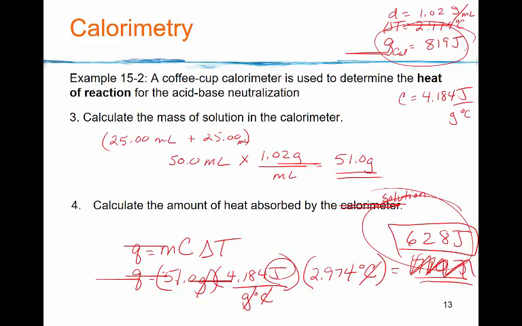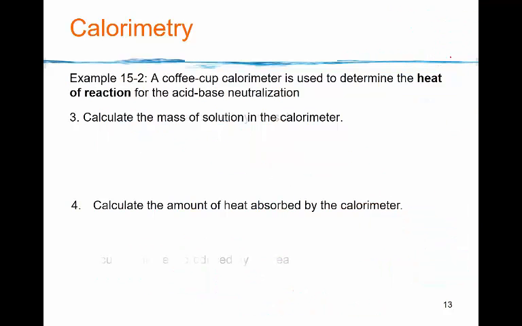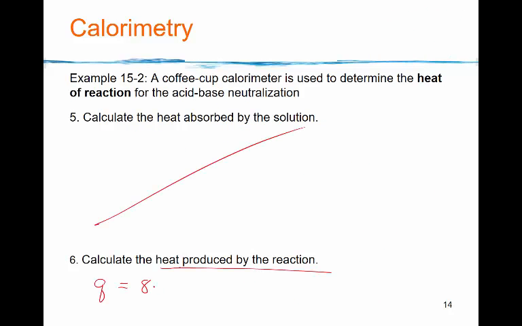That should be 81.9, sorry, my bad. 81.9 joules by the calorimeter plus the 628 joules absorbed by the solution. So the total heat is going to be approximately 710 joules.